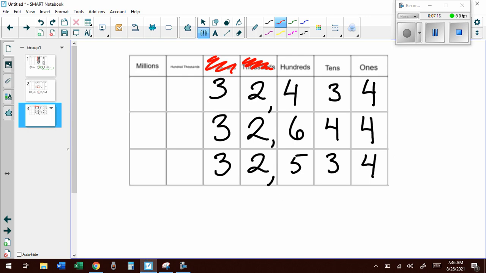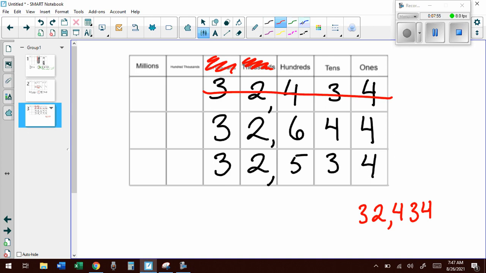So if we order these from greatest to least, the smallest number here is 32,434, because out of 4, 6, and 5, 4 is the smallest number. So we have 32,434 written all the way on the right, because we're reading this just like you would a sentence from left to right, from greatest to least. So we've done that one.